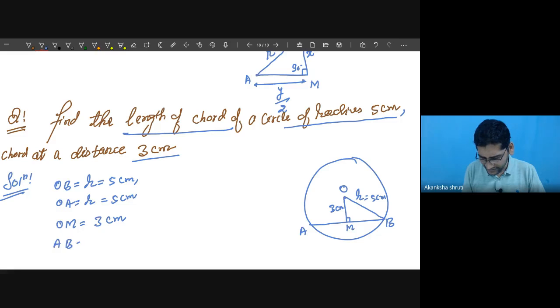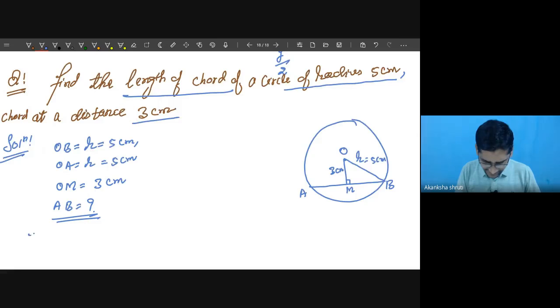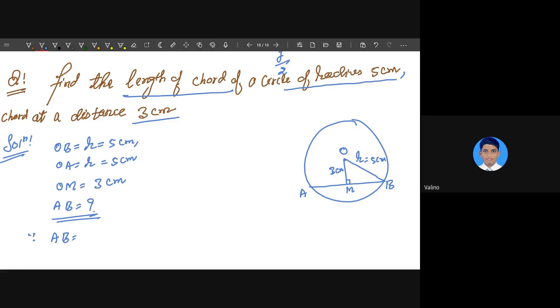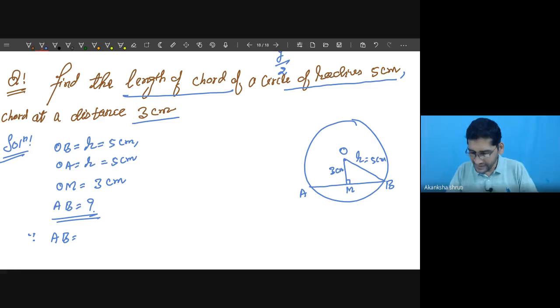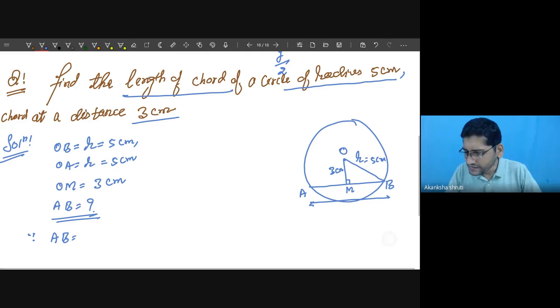What is required? What is the length of AB that we need? Students, what is the length of AB? Half of AB is equal to MB. Yes. So AB is twice of AM or twice of BM we can write.